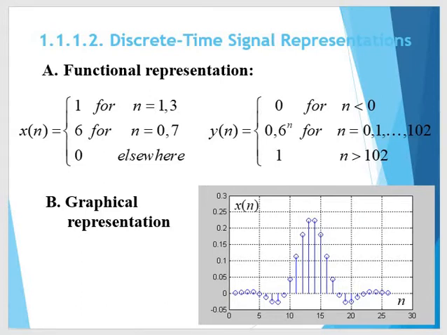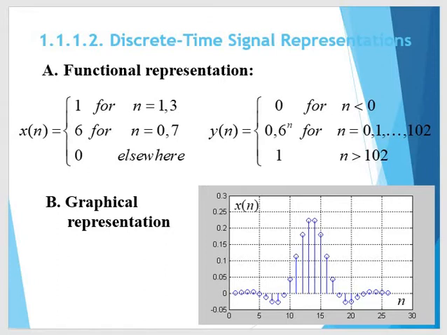That means if we have our x axis and y axis, on the x axis we have n, and on the y axis we have x(n). The value of x(n) is 1 at n equals 1 and n equals 3.